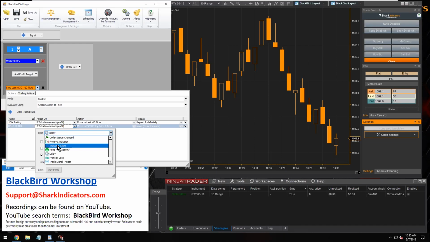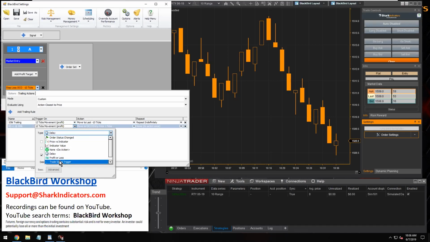So for example, I'll just use the MACD as a simple example. You could say, only trail if the MACD has moved above zero, or only trail if the stochastics has moved above 75. So you could use some other kind of indicator to create conditional events that the trailing has to wait for before the trailing will occur.